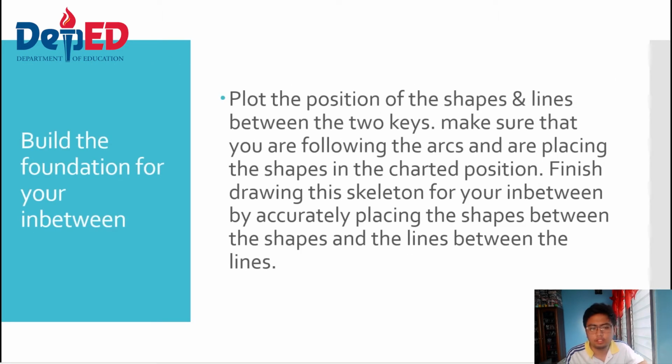Then build the foundation for your in-between by using shapes. Okay? Your skeleton should be built through different shapes, like for example, a rhombus, a sphere, so on and so forth. Okay? Because kung hindi maayos ang foundation ng mga shapes nyo, hindi magiging realistic yung drawings nyo for your in-betweens.